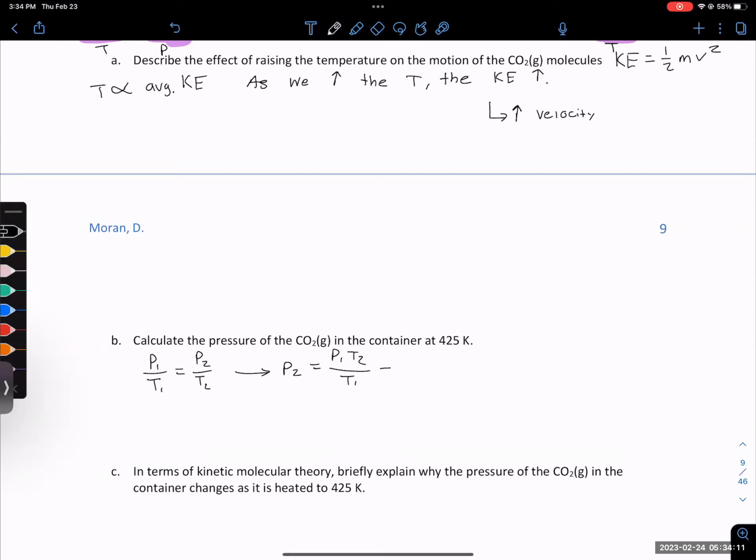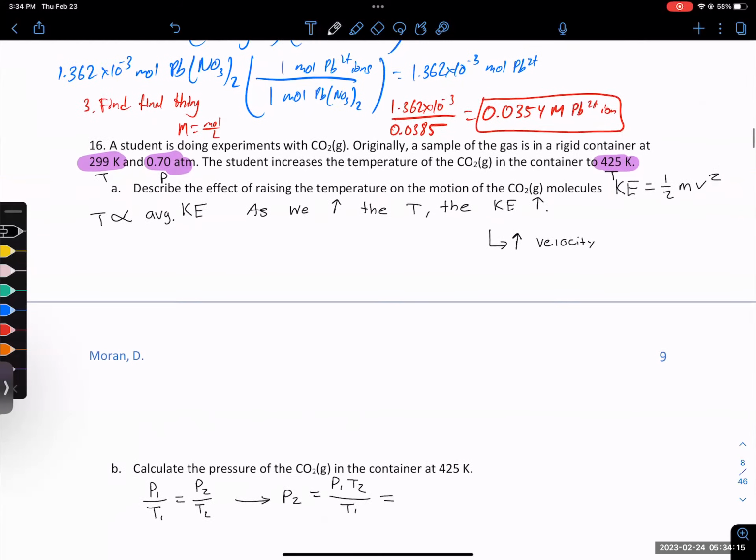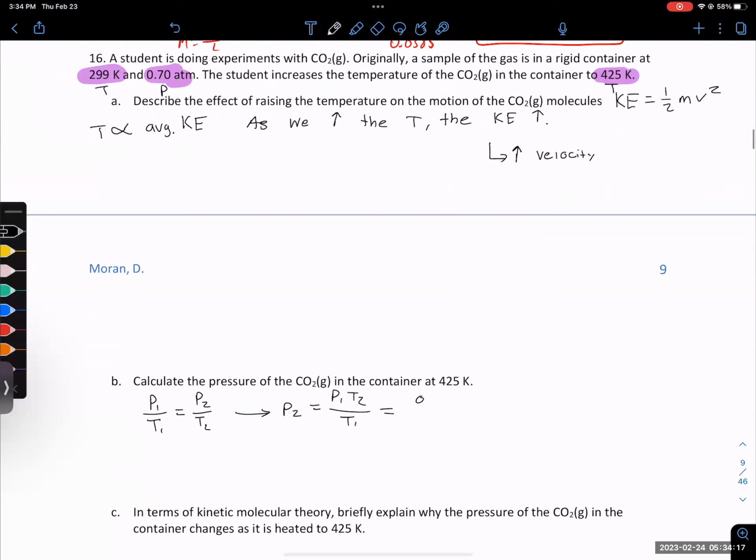Plugging everything into our equation, our pressure at the beginning was 0.7 atmospheres. Temperature at the end was 425 Kelvin. And our temperature at the beginning was 299 Kelvin.